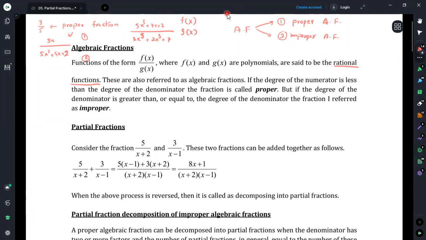But if the degree of the numerator is greater than or equal to the degree of the denominator of the fraction, then it is referred to as an improper fraction.